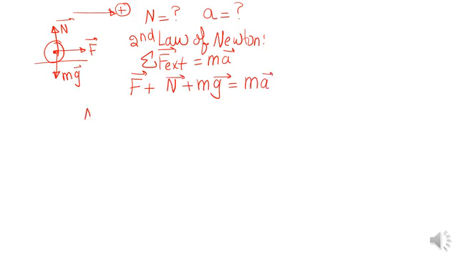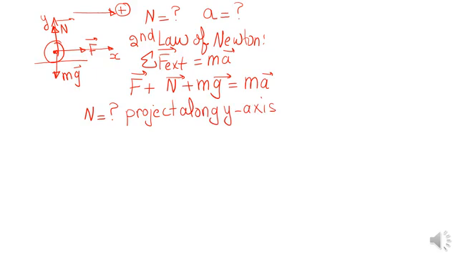To find normal, we have to project along the y-axis, and to find acceleration, we have to project along the x-axis. First, to find normal, project along the y-axis.